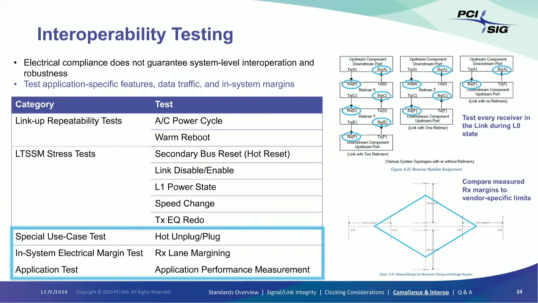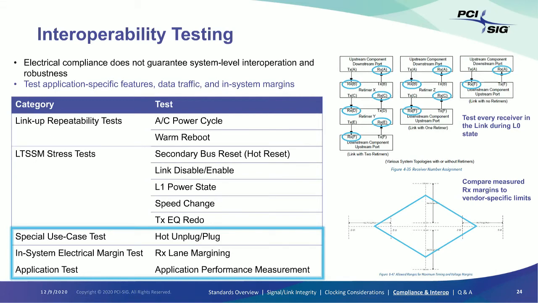And the last group are what we call special use case tests. These are maybe application-specific features, data traffic, and in-system margins. For example, you have hot plug and unplug, whether that's surprise or managed hot plug. Then the in-system electrical margin tests.